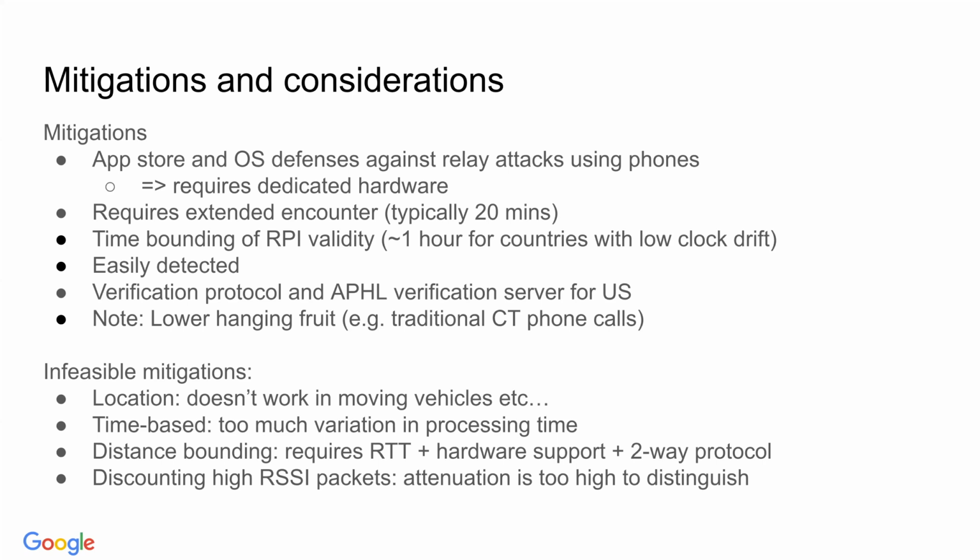So what are the mitigations that we put in place? The first line of risk prevention is to make sure that the attack is as expensive as possible to the attacker. The most obvious and cheap way of performing an attack like this is to use existing infrastructure and existing hardware, because deploying your own hardware is obviously very expensive.